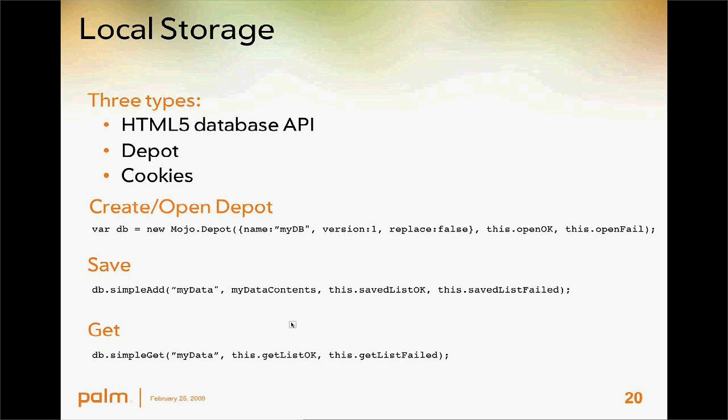We also have a cookies function which allows you to store small amounts of persistent data, and its name implies what its intended use is. We see it for preferences, versions, and things like that, where you want some simple, fast access to small amounts of data. So there are several options if you want to store local data using Mojo.